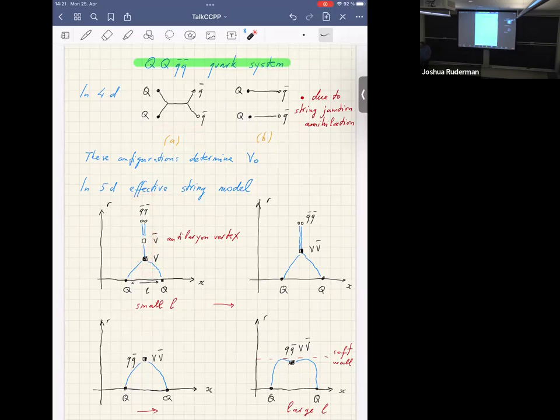But then what happens: the baryon vertex goes up and hits the anti-baryon vertex, and then they organize a kind of brane-anti-brane pair. Then they go up further and hit the light anti-quark. And finally at large L, so L is near infinity, the strings approach the soft wall. So the configuration.